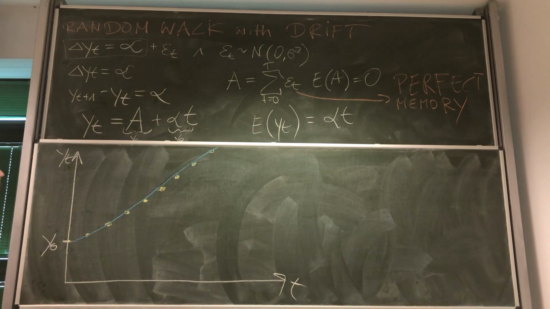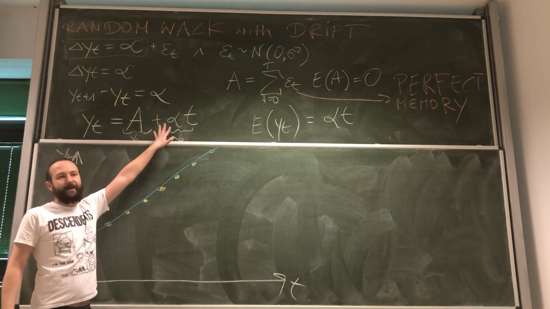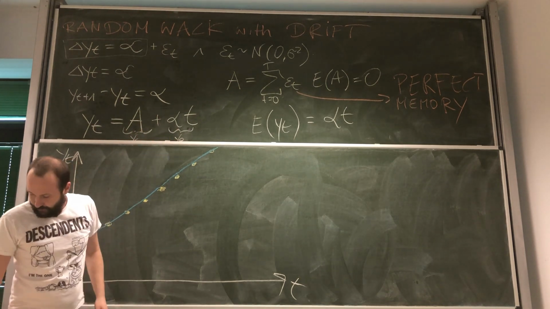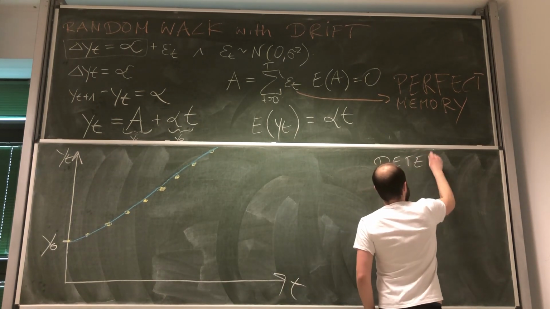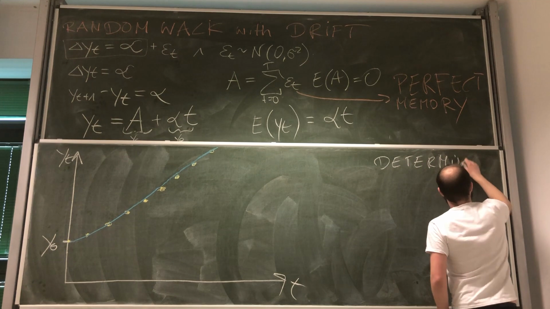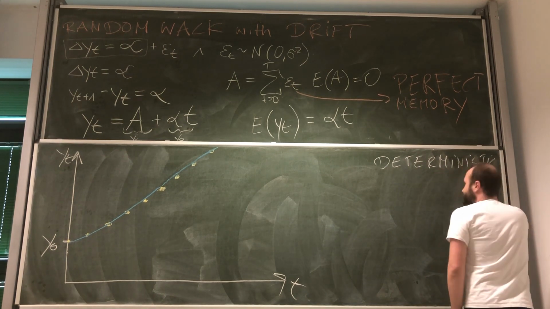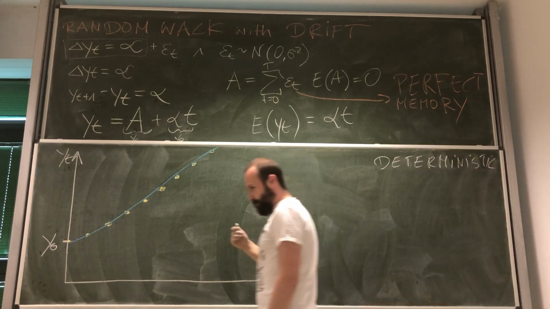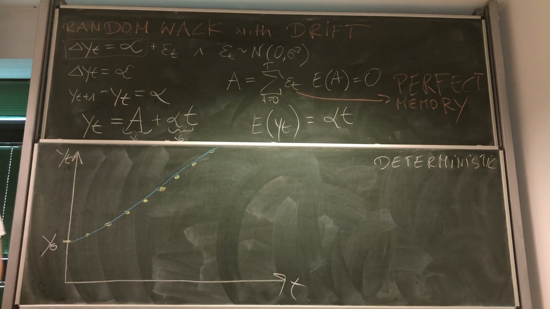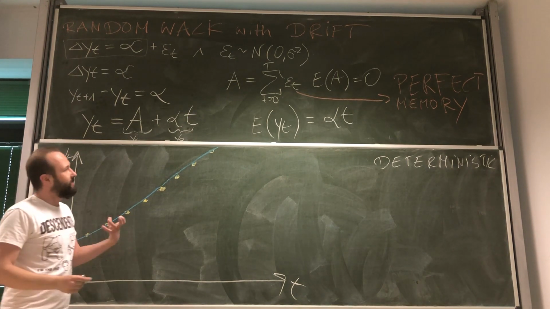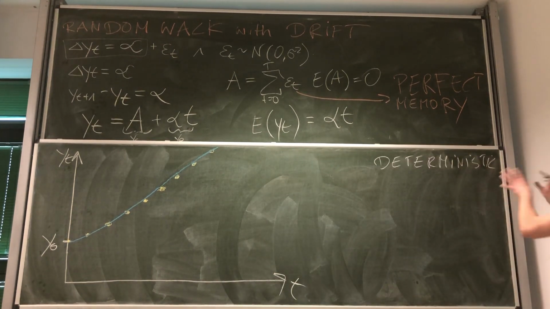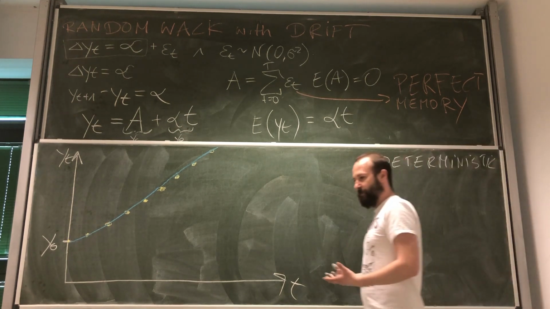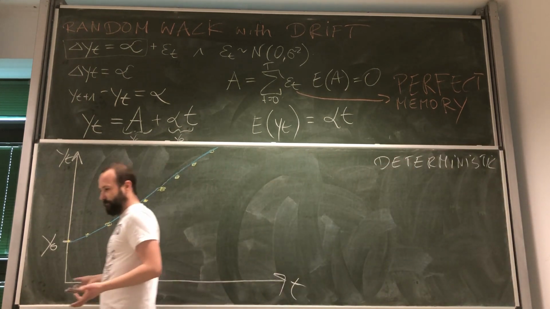Look, we call this type of trend a deterministic trend. What does it mean, deterministic trend? Deterministic means, in this case, that we can express this trend as a function of some variables.